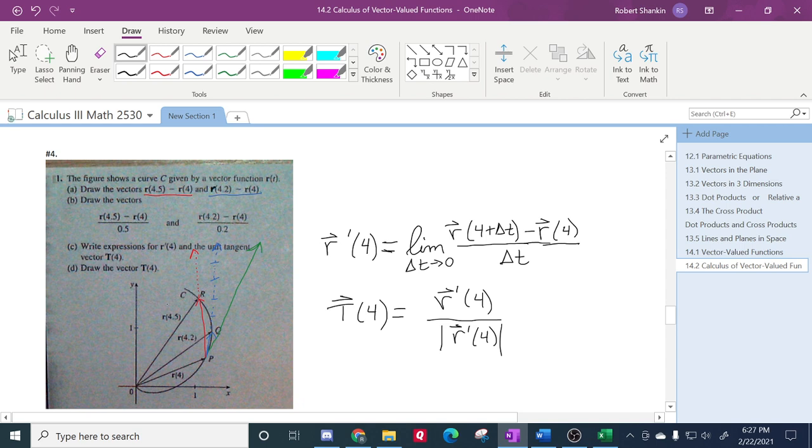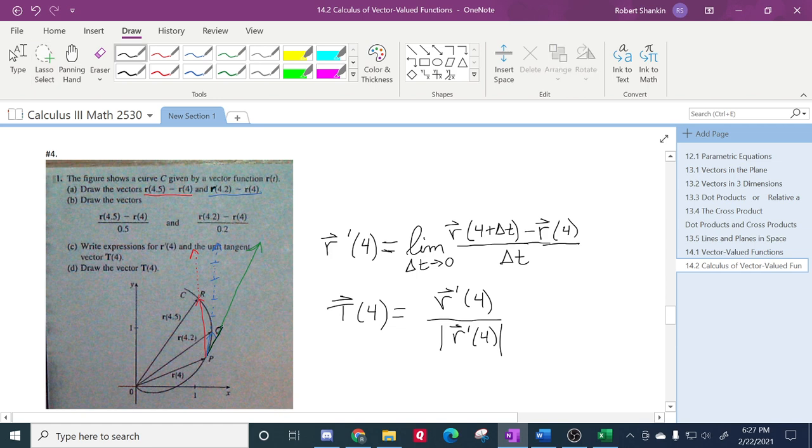T4 winds up being the same direction as r of 4, but just length 1.